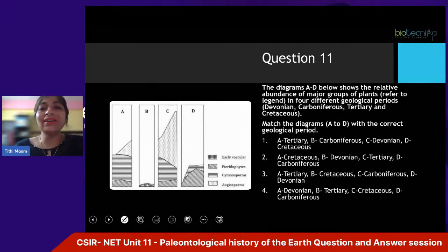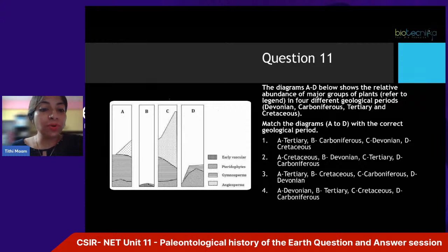This is actually what I love about the CSIR questions, that multiple skills of a student are checked in a single question. So you have to read this graphical representation, then only you will be able to answer. You might know the answer, but if you are not able to read this diagram properly, you will not be able to answer. So what is given?